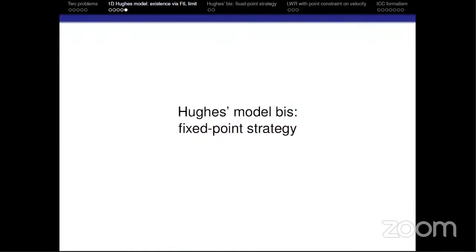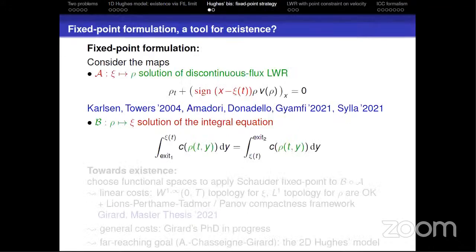And so I change the mathematical approach to the Hughes model now, to try to understand the existence of solutions in a less traffic-compatible way, because if we already know that the model makes sense from the traffic perspective, then I just give myself other mathematical tools to study. And the mathematical tool which seems extremely natural for this kind of problem is a fixed point formulation.